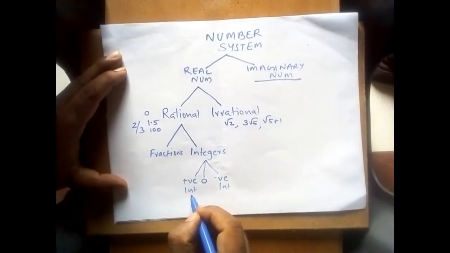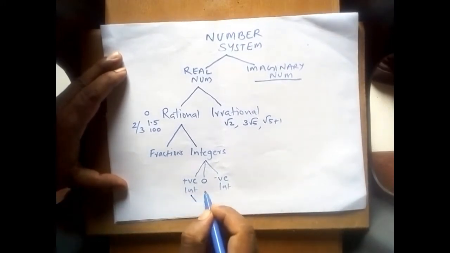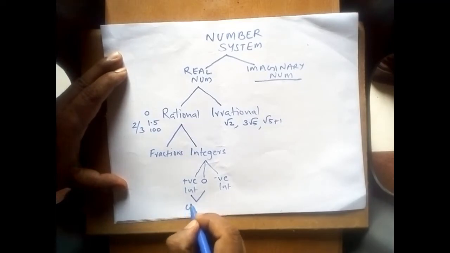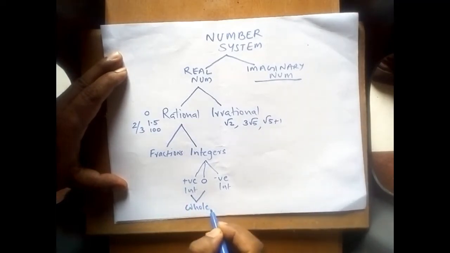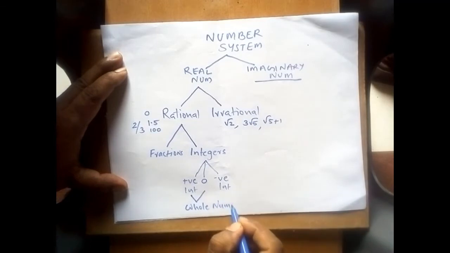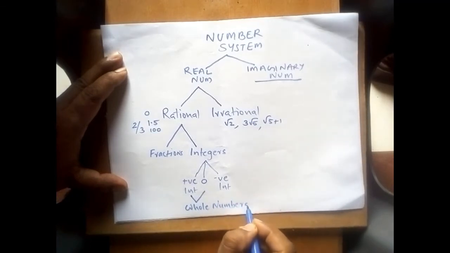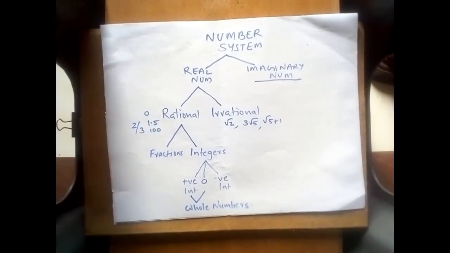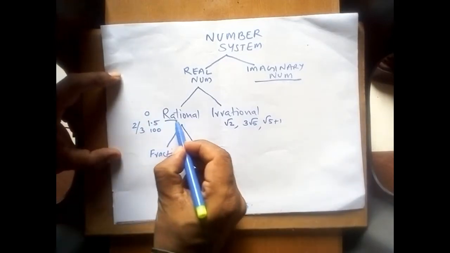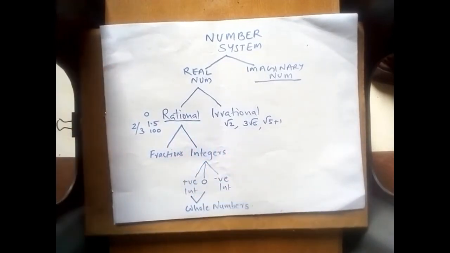Positive integers and 0 we are calling together as whole numbers. So this is the number system. Now today we are concentrating on this particular portion only, rational numbers.